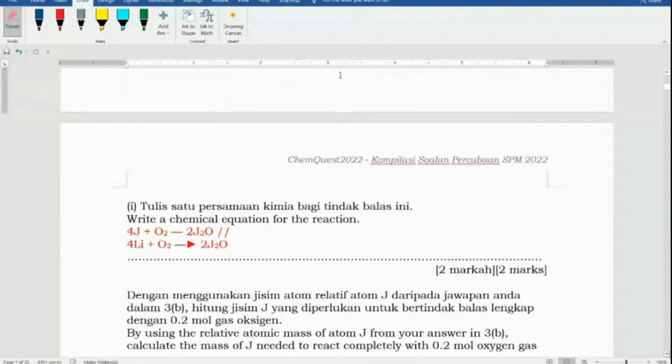Okay, why 4J? To balance the equation, we look into the O first. O2 here, so 2 O here.